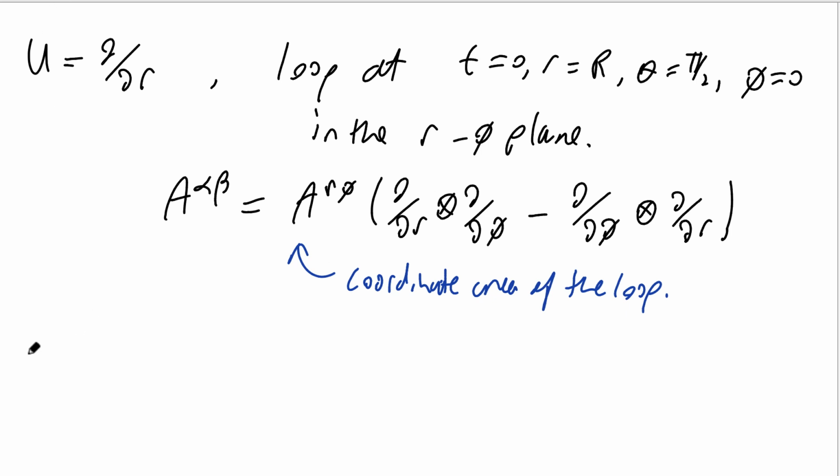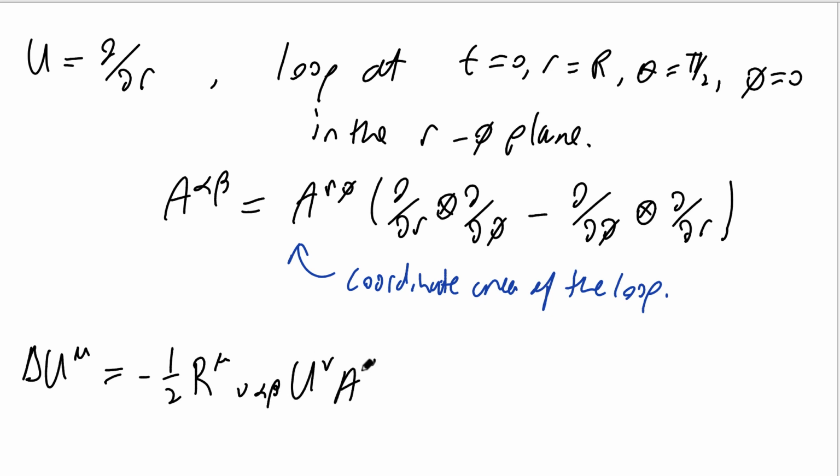So now the change in this vector u, as we parallel transport it around this loop, is given by minus 1/2 the Riemann tensor, R^μ_{ναβ} times u^ν times A^{αβ}. But the only non-zero component of u is the r component. So this is minus 1/2 R^μ_{r αβ}. And the only non-zero components of A are A^{rφ} and A^{φr}. So this is R^μ_{r rφ} times 2 A^{rφ}.